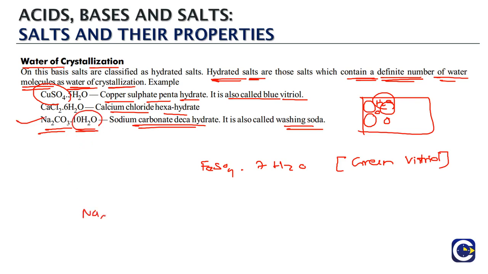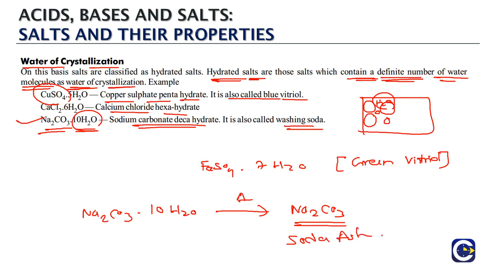If you actually take the washing soda and heat it, then it might completely lose the water molecules, and it will be called soda ash, and this will not have the properties of Na2CO3.10H2O. So the water of crystallization does bring some properties for the particular salt.